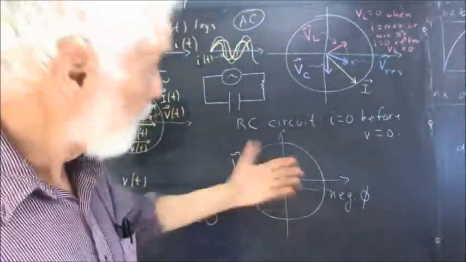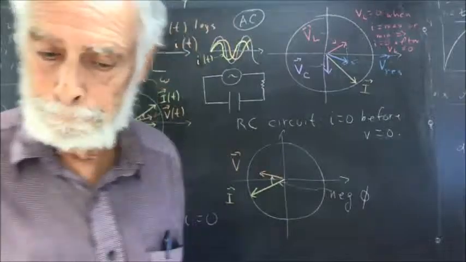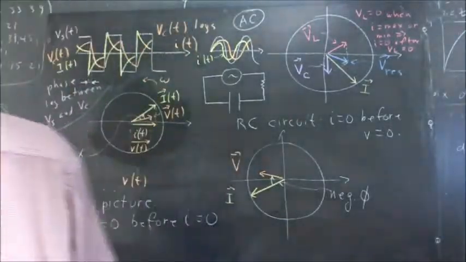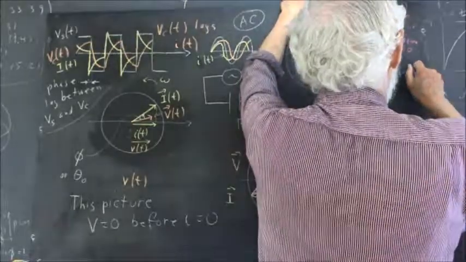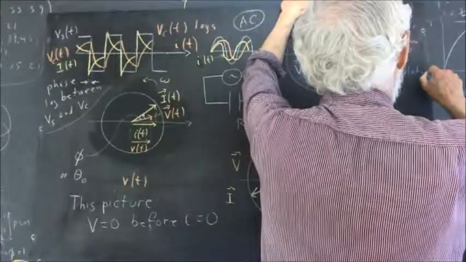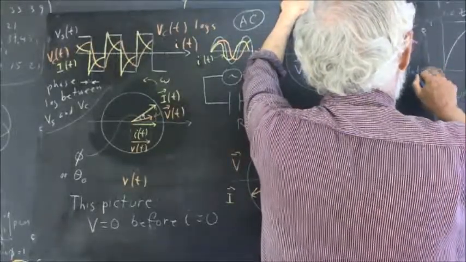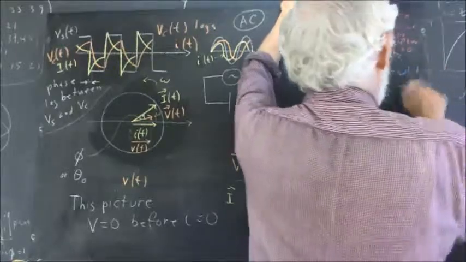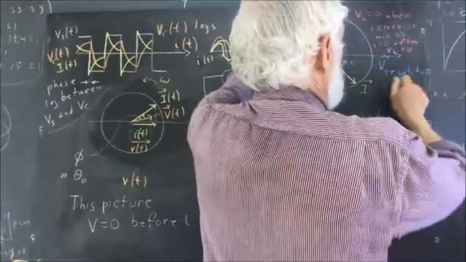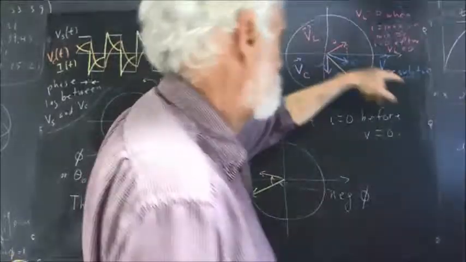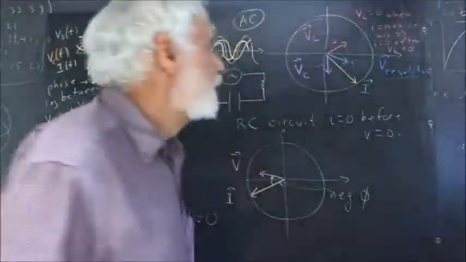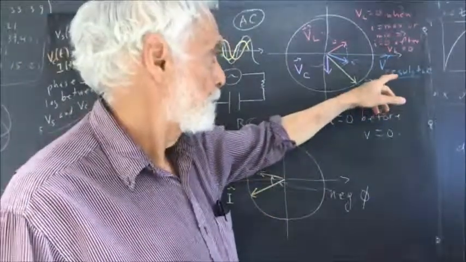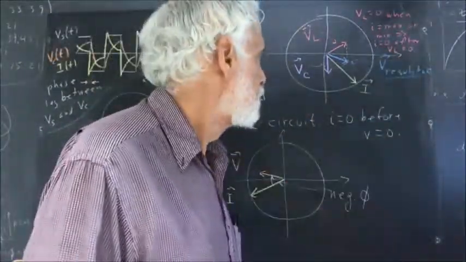Now, if there's a resistor as well, let's label this V-res, which could be read as resultant. Okay? So the resultant voltage vector. And now I've lost my train.